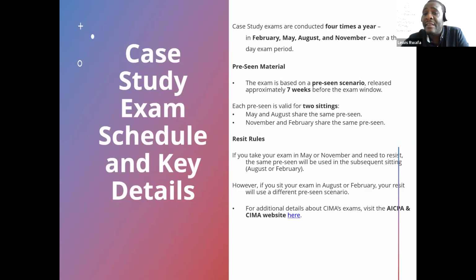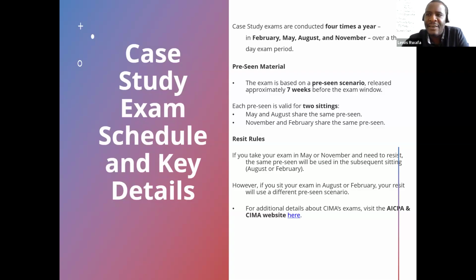So what is the pre-seen material? The exam is based on a pre-seen scenario. This material is released approximately 7 weeks before the exam window. The most important thing is to understand that the pre-seen is valid for 2 sittings. So the material that is used in May is used in August.